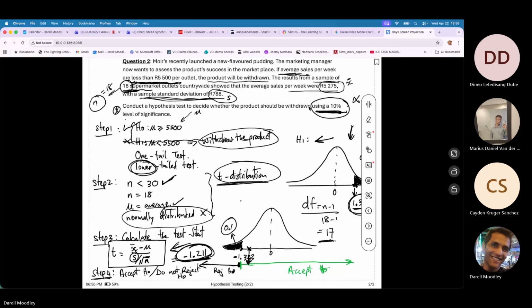But we found that H naught is true, so it's at least 5,500 or more. So we would not withdraw the product based on these findings. Make sure you understand that. And so we would write that out in words.